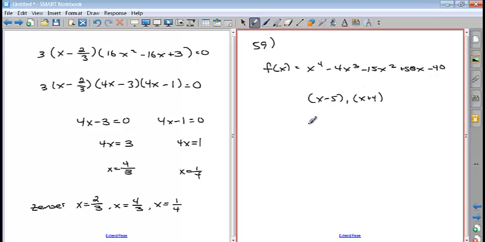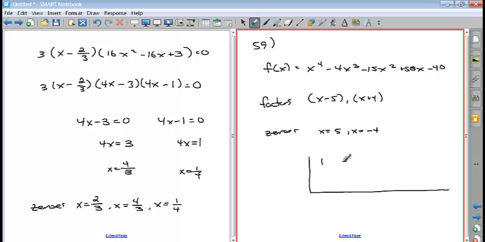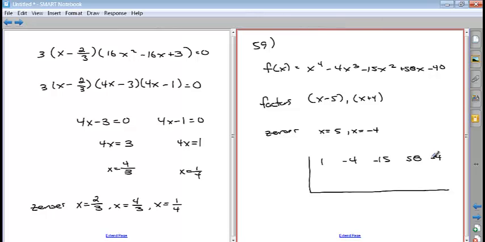So if these are factors, the zeros are x equals 5 and x equals negative 4. So we can use synthetic division. We can use either one of the zeros to do it first. I mean, they're both going to work. I'll use 5, because that's the first one I got to.